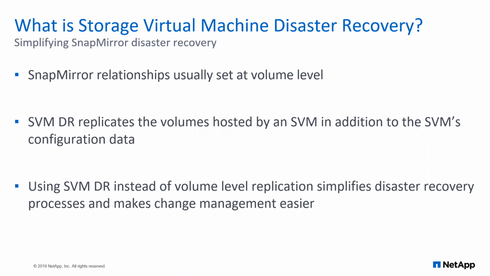You can focus on SVMs without having to make additional relationships for any new volumes that get added. And change management is just a little simpler because you don't really have to do it. It's automatic. So that's the reason why you might consider using this feature.